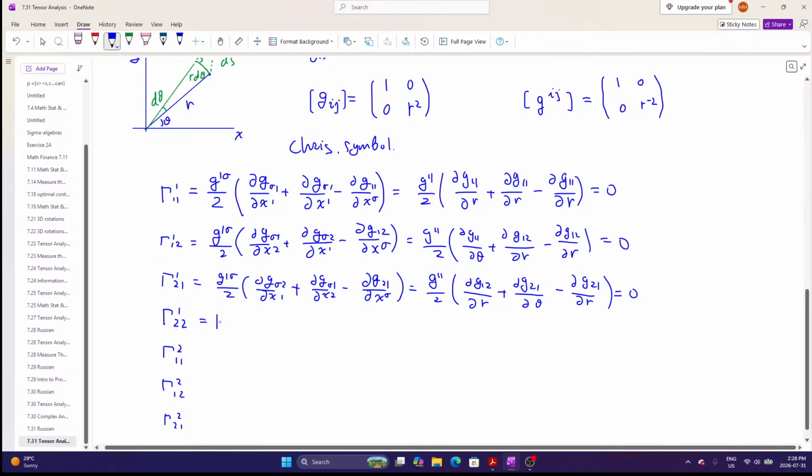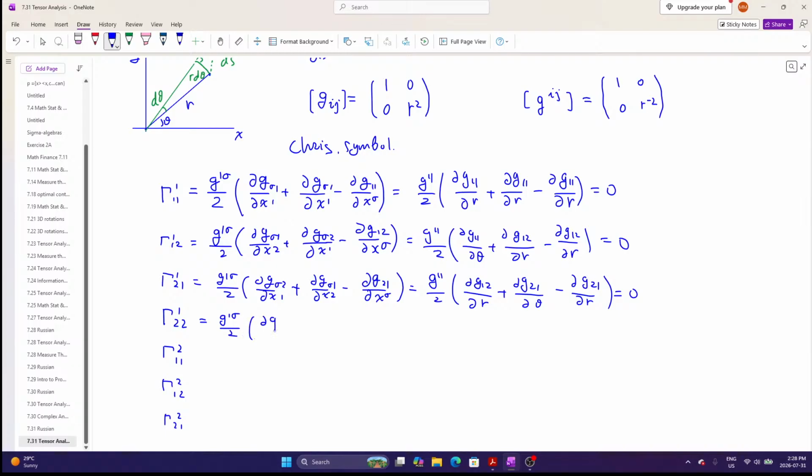Gamma 1 2 2, so you get g1 sigma over 2 times dg over dx plus dg over dx minus dg over dx. Worry about the indices in a minute. The last dg has a 2 2 subscript, and the sigma is attached to x. And the first two terms, we got sigma here, 2 here, 2 here.